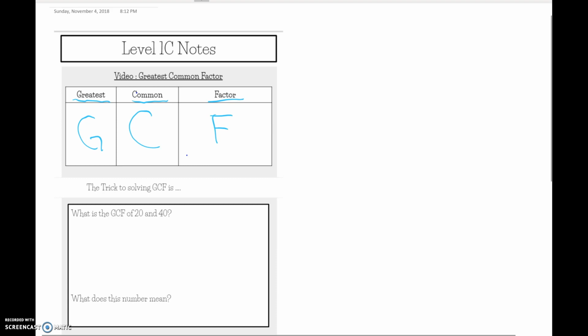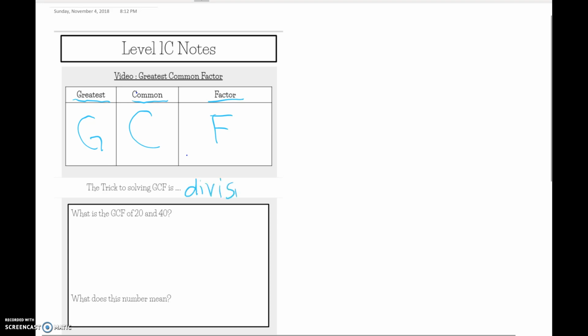They have a factor in common, two different numbers that we're looking at. But greatest common factor means that it's the biggest number that the two numbers have in common as their factor. Okay, so the trick to solving GCF is what we call the division ladder.